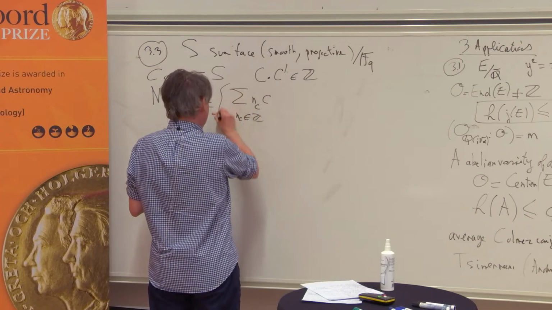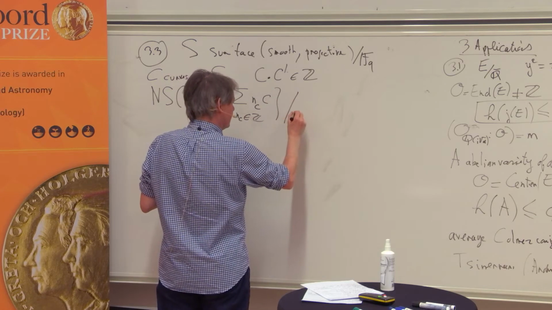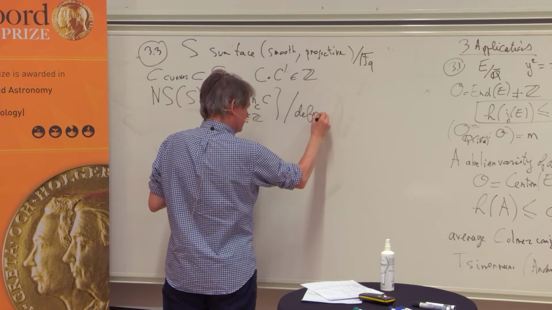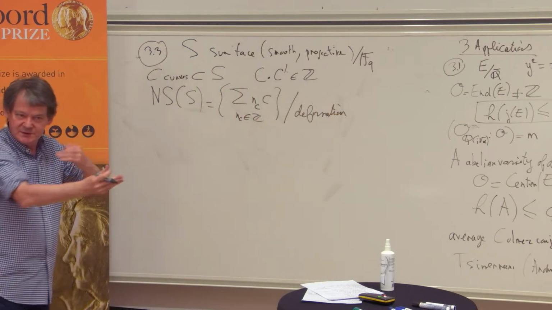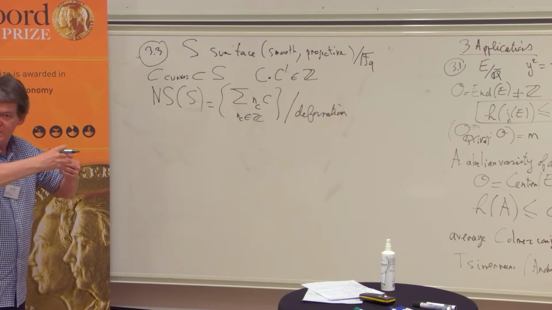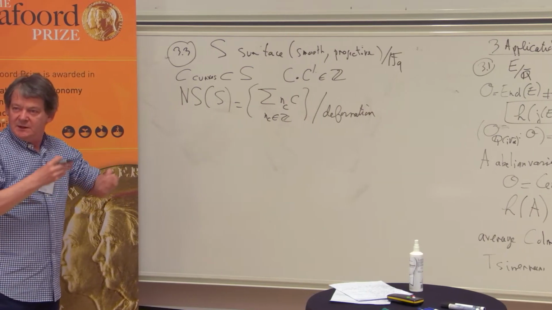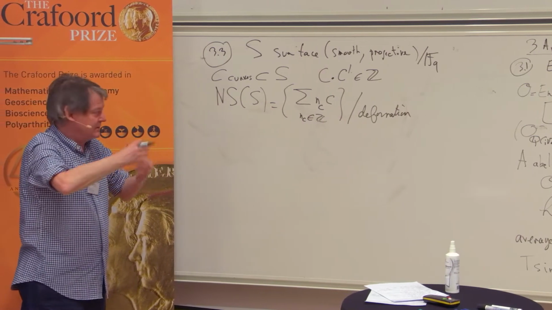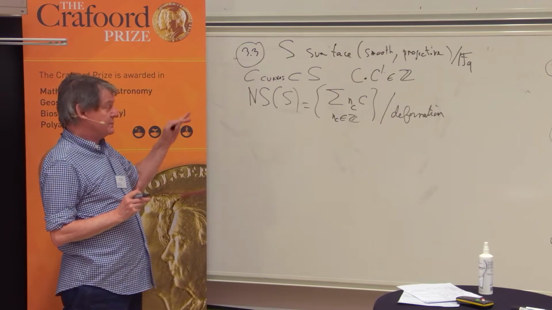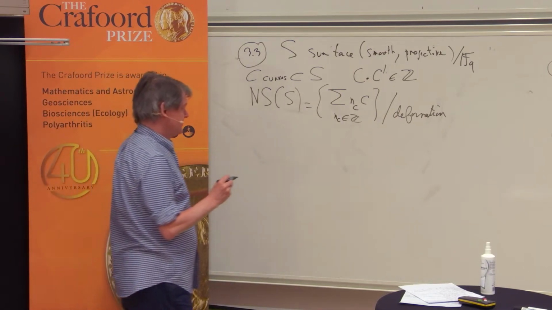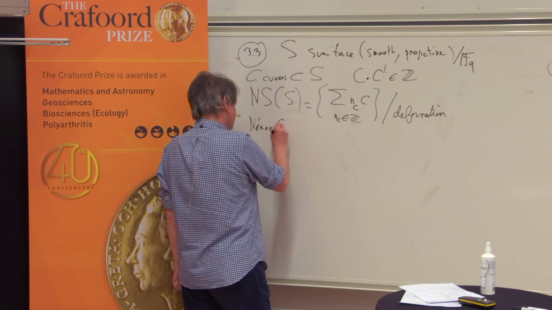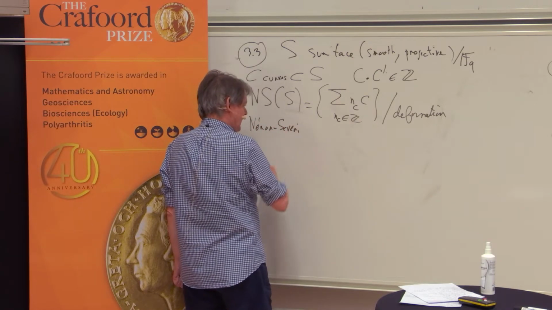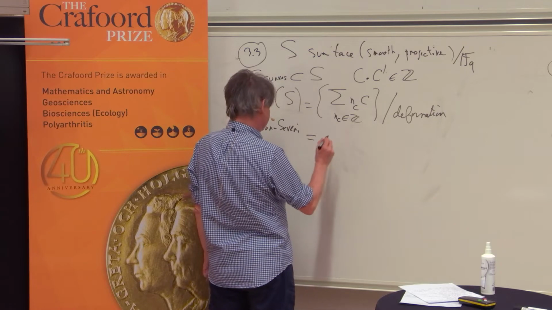And I take this modulo deformation, which from the point of view of algebraic geometry is natural to define. If you can parameterize continuously with an algebraic variety the deformation of curves, you get a space like this. And the theorem of Néron-Severi says that this is a finitely generated group.